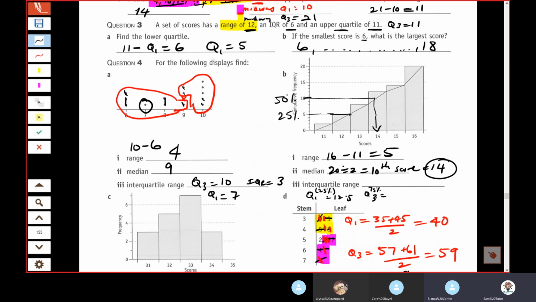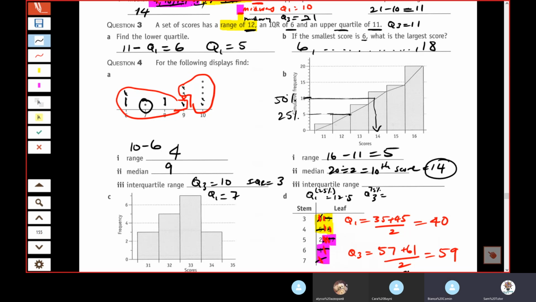And does anyone know how to find Q3, the 75% mark, or where that would be? Isn't that at the 15? And why? Why'd you say that? Is this 25% above 50? Yeah, that's how I do it. So first I do 20 divided by 2. That gets me 50%. So now I got my median.